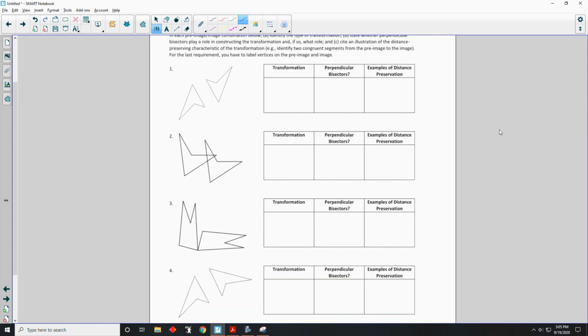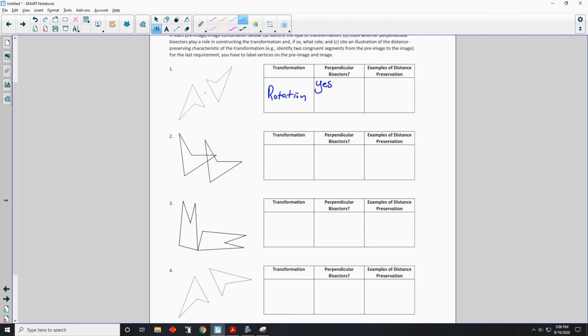Okay, so here we go. So looking at this, if I had a point, maybe somewhere around there, and I rotated it 180 degrees or maybe negative 180 degrees, this is the image we would get. So this is a rotation. And did you use a perpendicular bisector to do this?